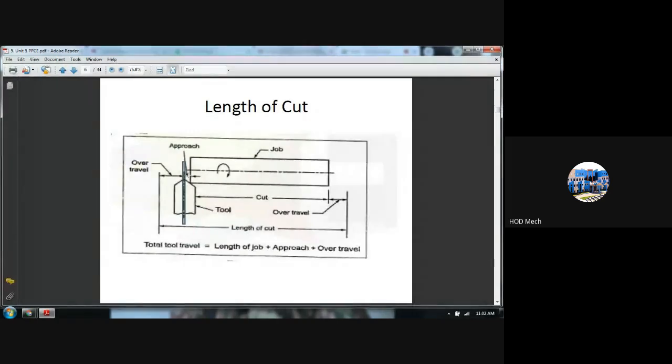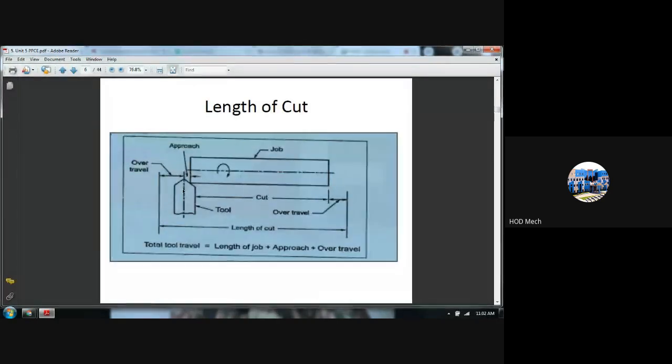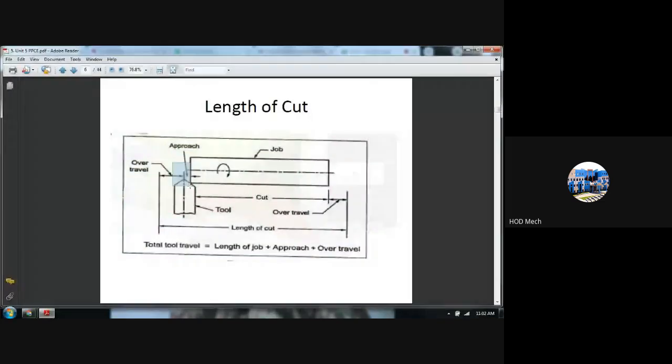This distance is called approach. So when you carefully look at the diagram, you can find that the tool touches the workpiece, but still the axis, the center point of the tool, is still away from the workpiece. So this distance is called approach. Any other distance that is moved from its base location is called over travel.